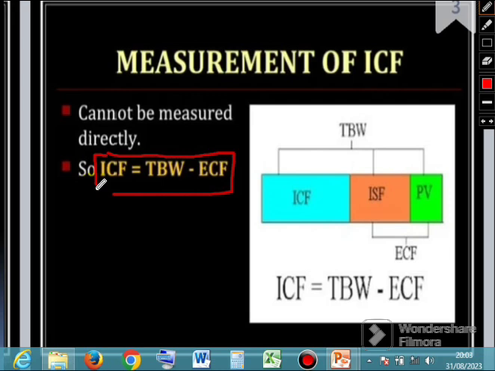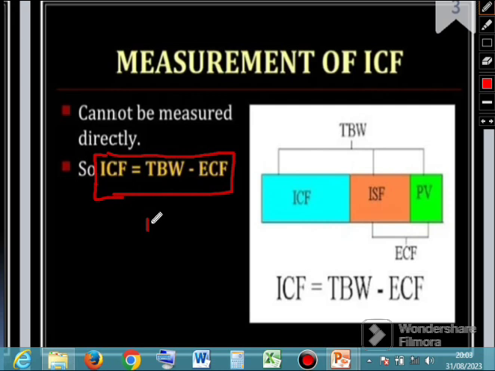ICF can be measured by calculating the difference of total body water and the extracellular fluid compartment. So if, for example, the total body water of, what's your name?